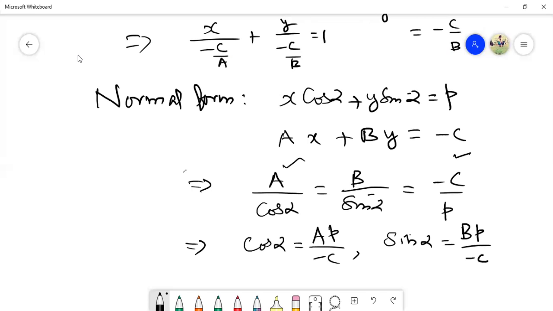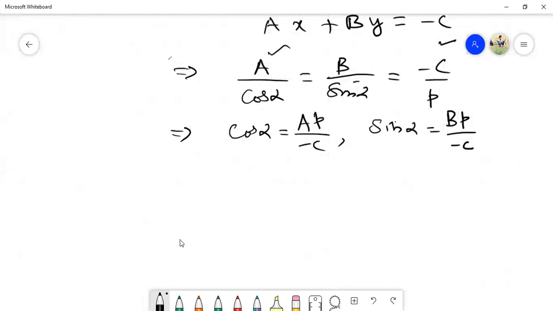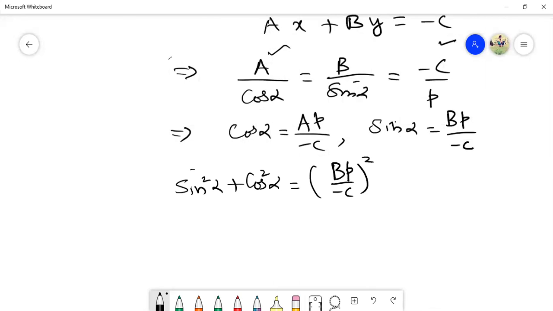And you know that sin²alpha + cos²alpha = 1. So by that condition, applying this, (bp/(-c))² + (ap/(-c))² = 1.